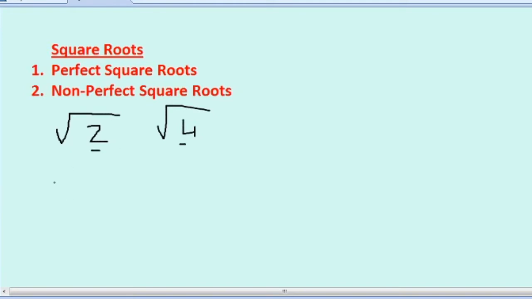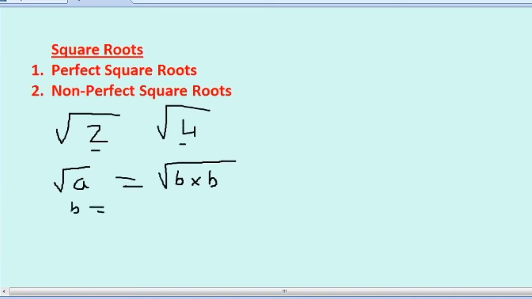Like if we have root a, it should be split in such a manner that b into b is equal to a.